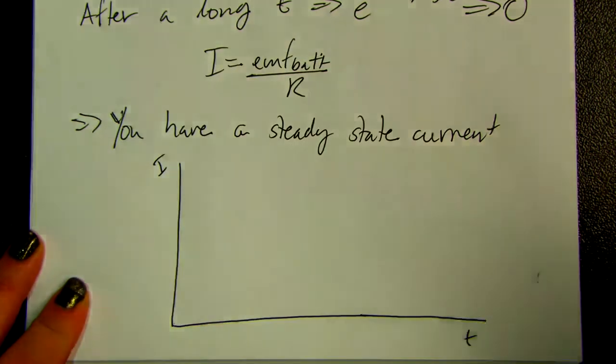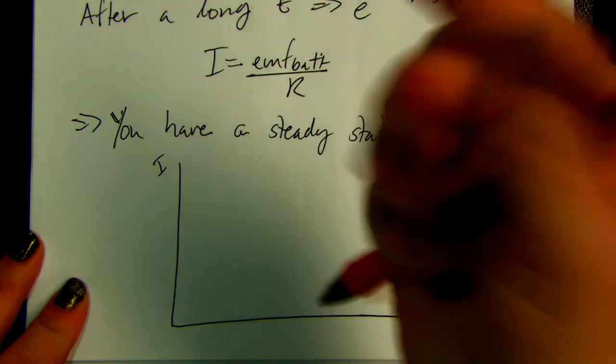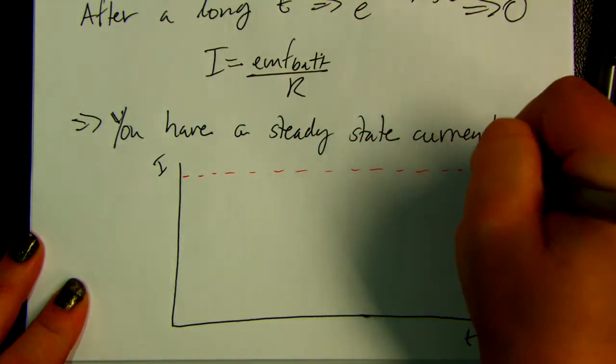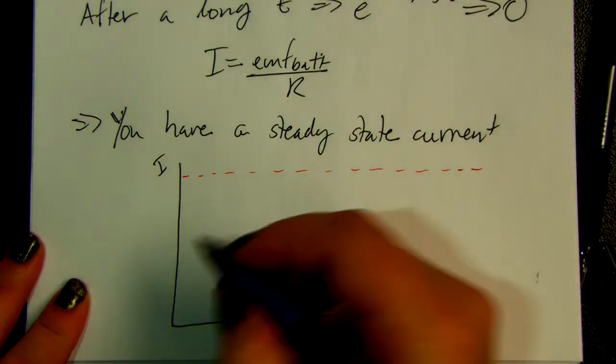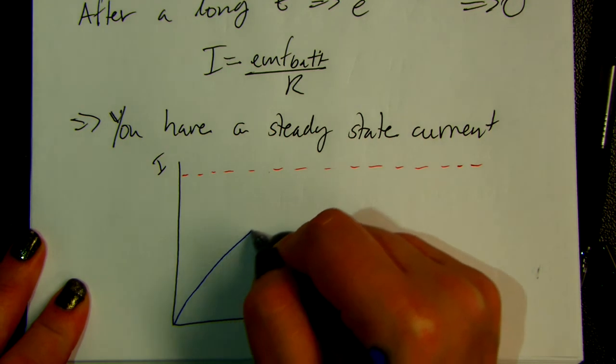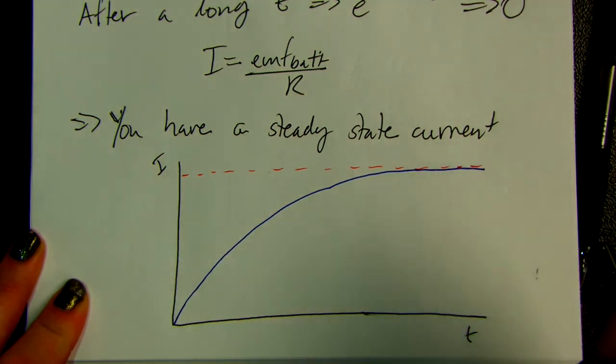Okay, so if we look at this graphically, we'll put I here, and then what's going to happen is you're going to have a real kind of slow and exponential start and kind of going to there.